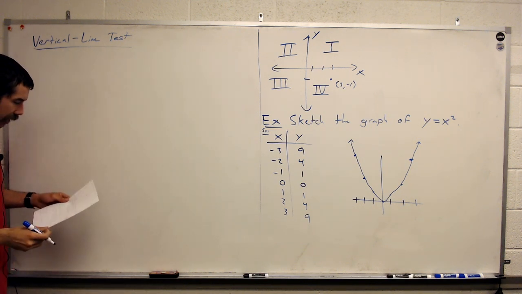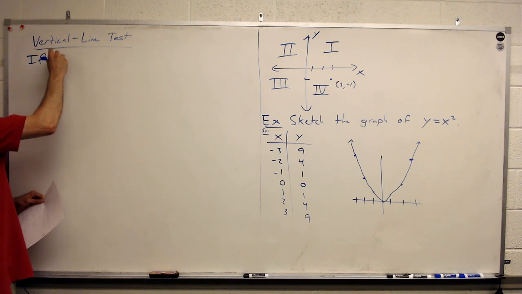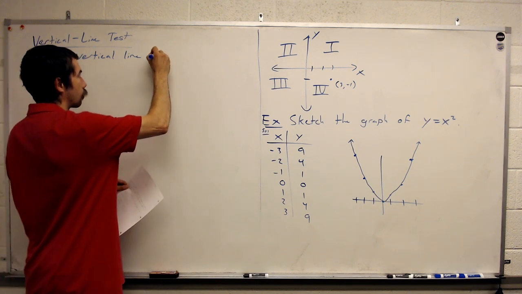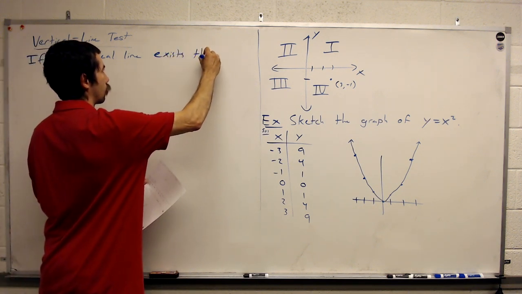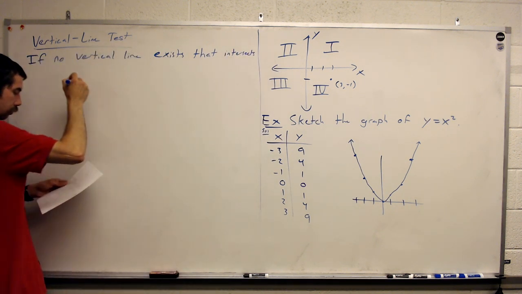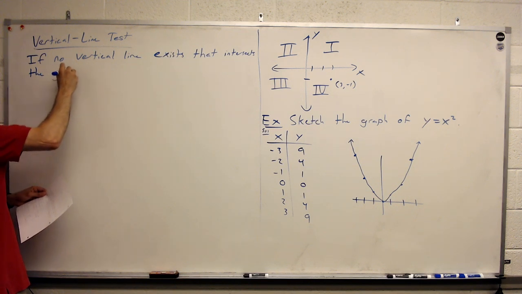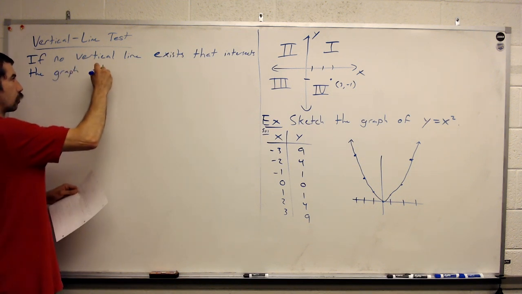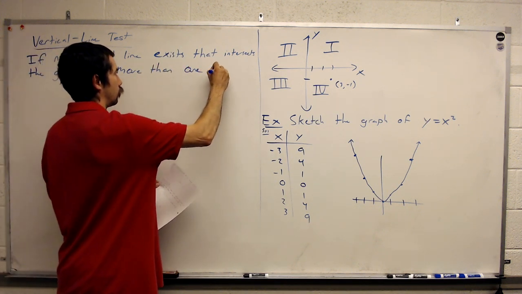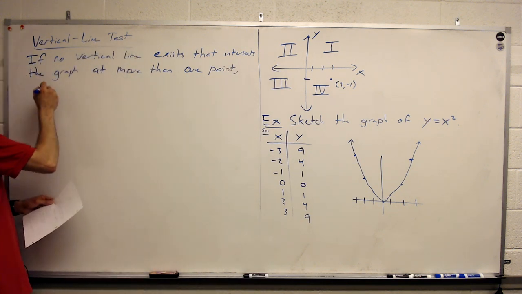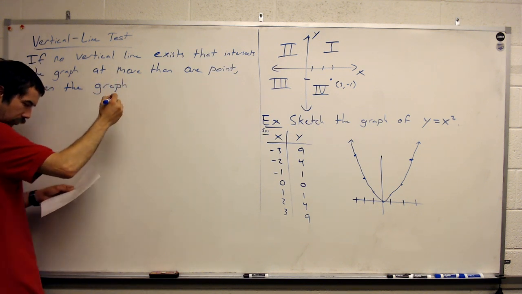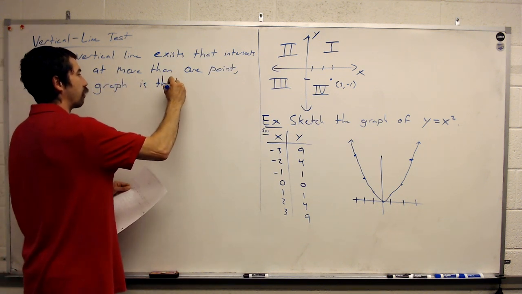So what does the vertical line test say? It says if no vertical line exists that intersects the graph at more than one point, then the graph is that of a function.